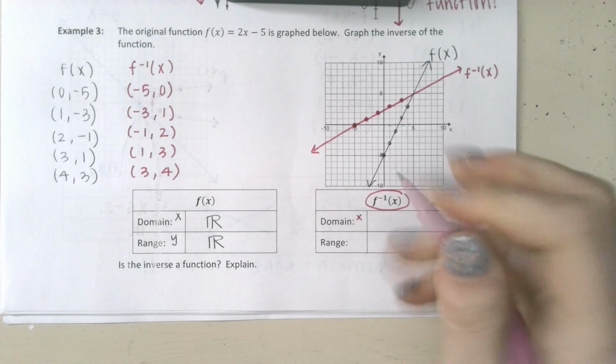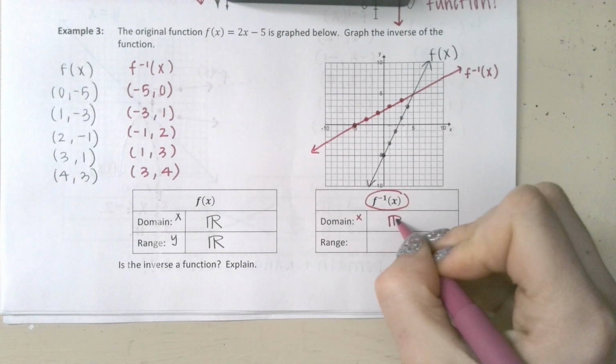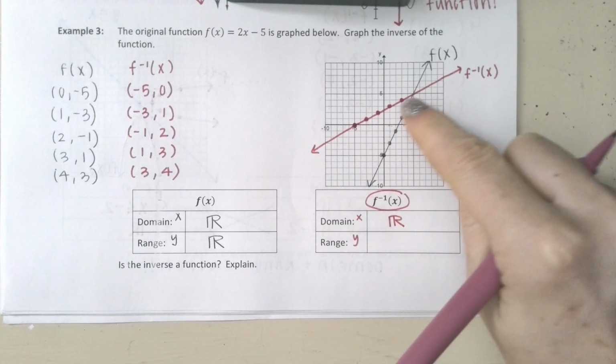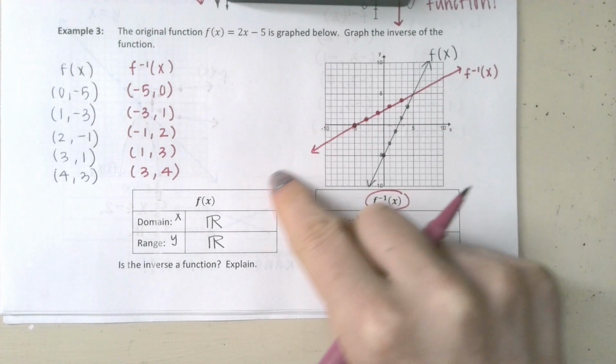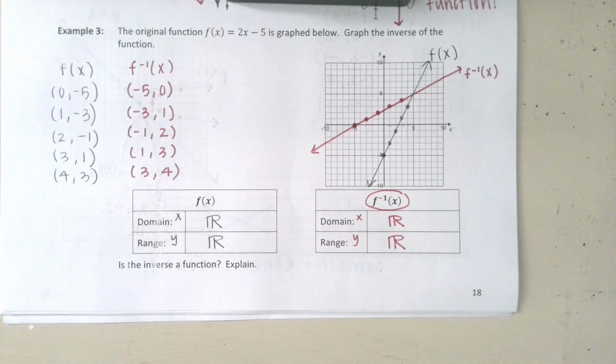Again, domain is x's. It's going left and right forever and ever, so all real numbers. And up and down for my y values. It's not going up as much, but it's still moving upwards and downwards, no restrictions. So all real numbers.